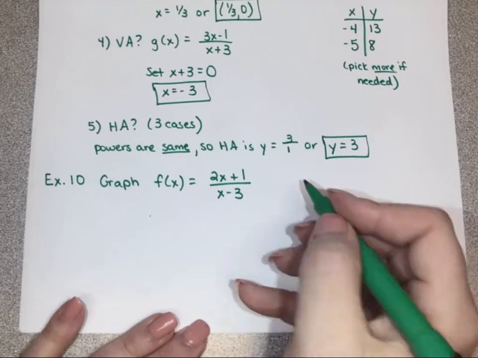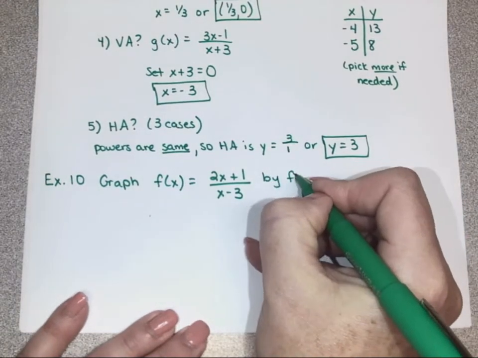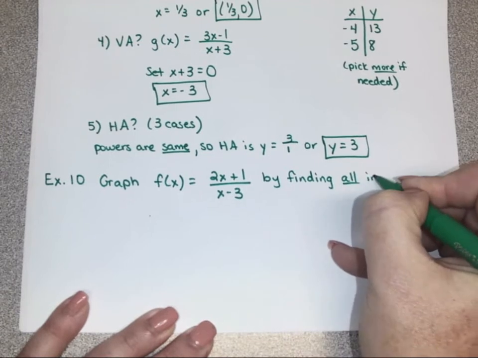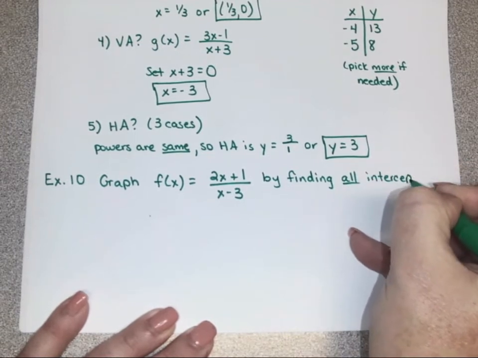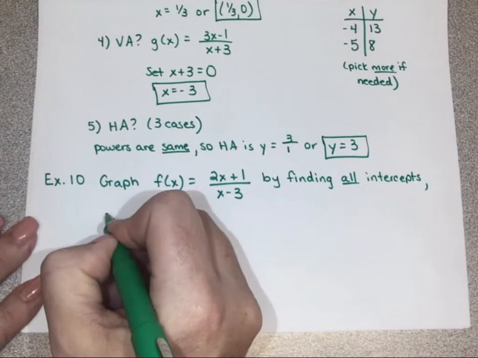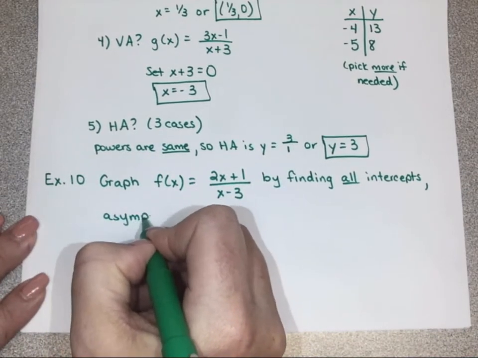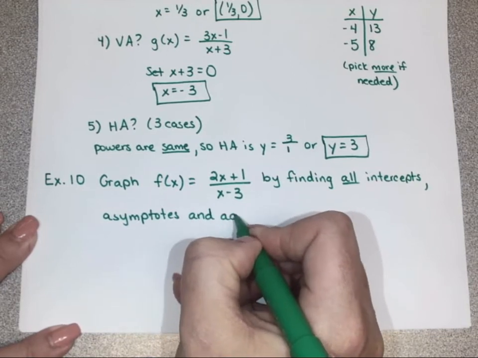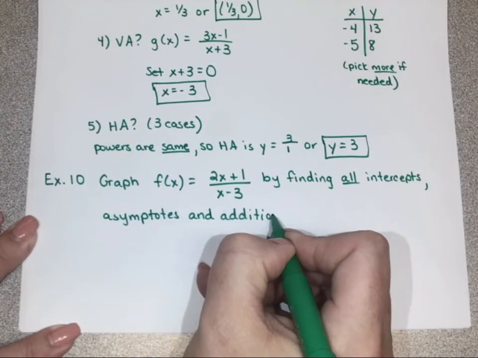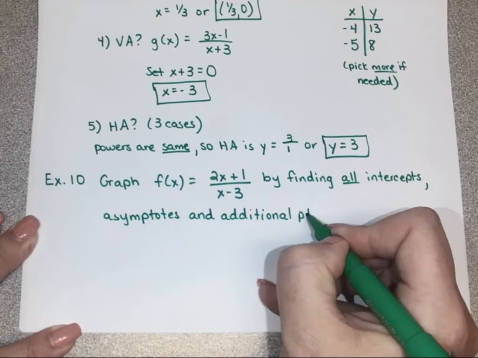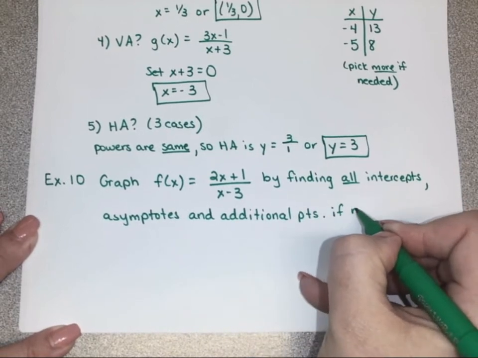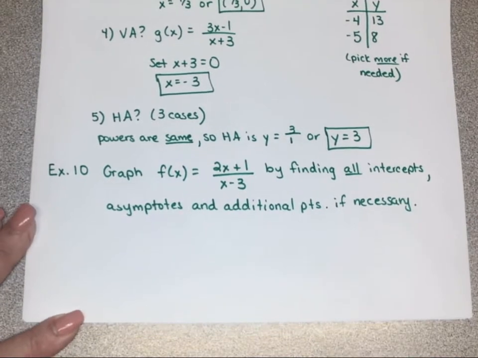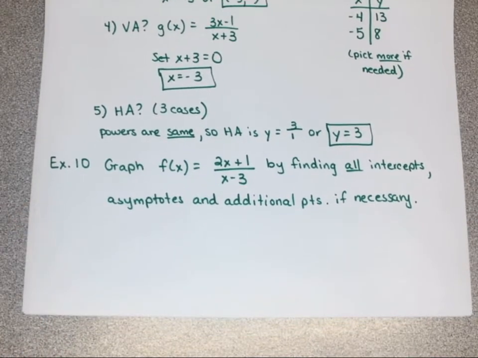I want you to graph this by finding all intercepts, all asymptotes, and additional points if necessary. Spoiler alert, they're going to be necessary.